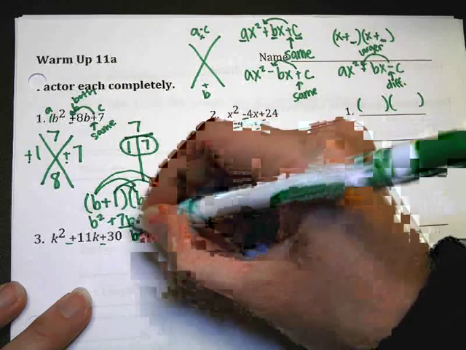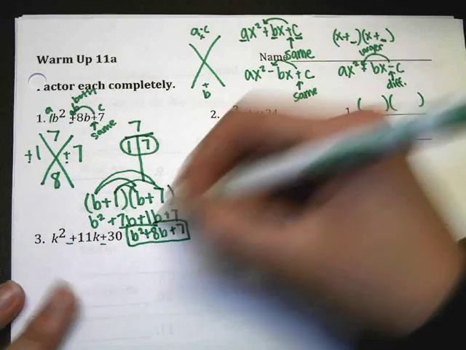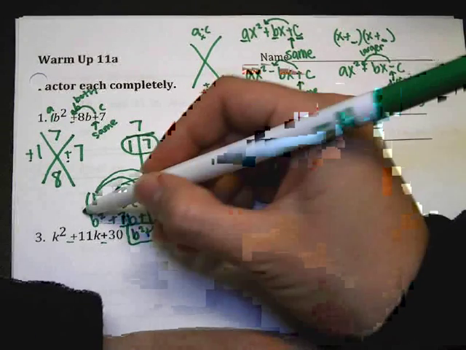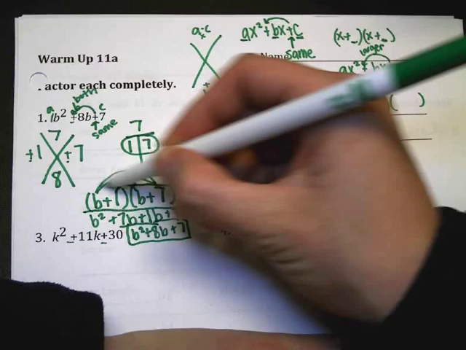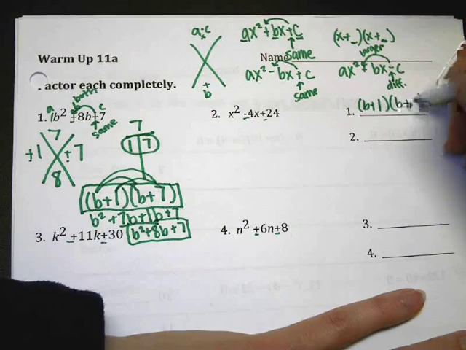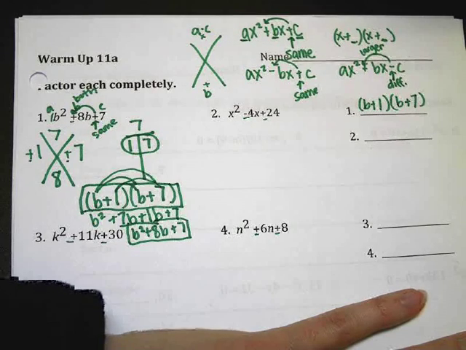And notice you get what you started with. That's how you can always check to make sure that you're factoring correctly. The answer, though, when you're asked to factor, is the parentheses. I just FOILed to double check my work to make sure I'm doing it right. Do you have to FOIL to double check your work? No, but I would recommend it.